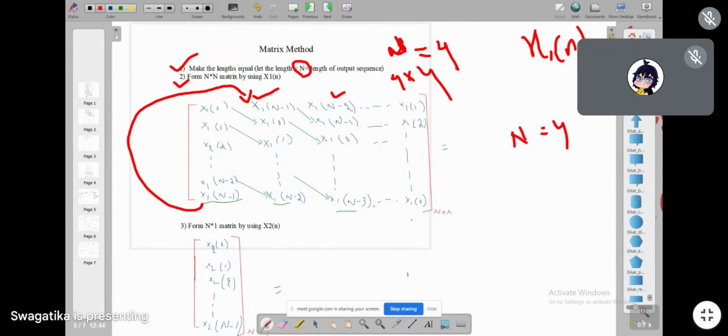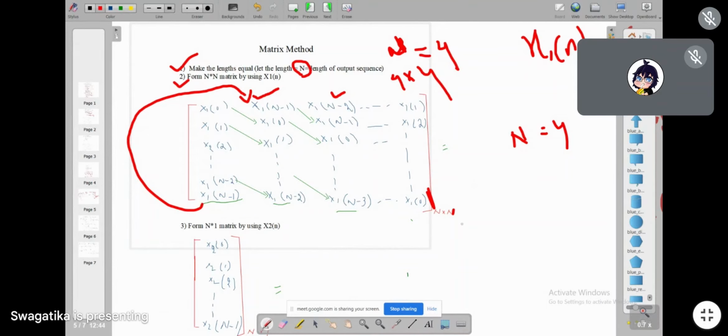Again you will keep on rotating this sequence until you get x1 0, 1, 2 like this, and the last one will be x1 n minus 1, because after this you will get the same sequence, yes or no? Yes, ma'am.